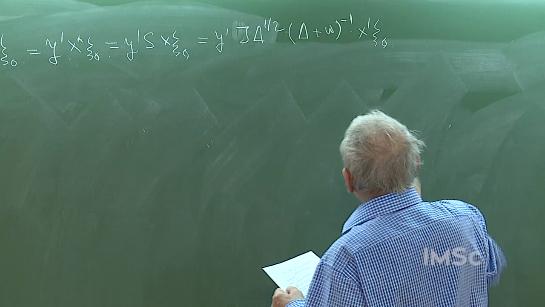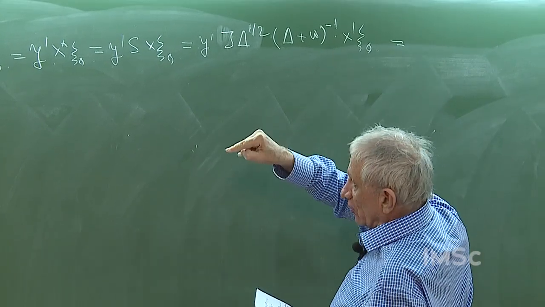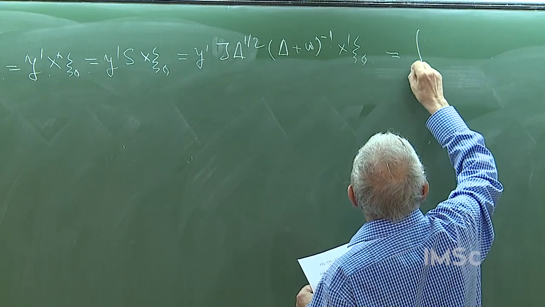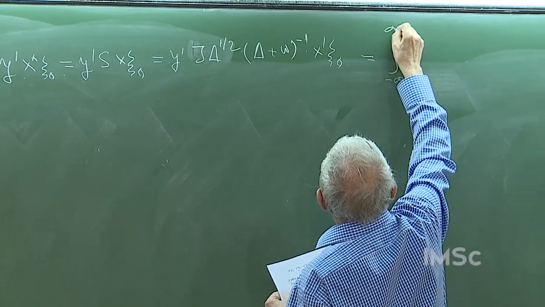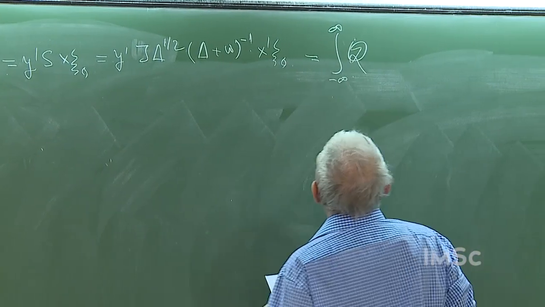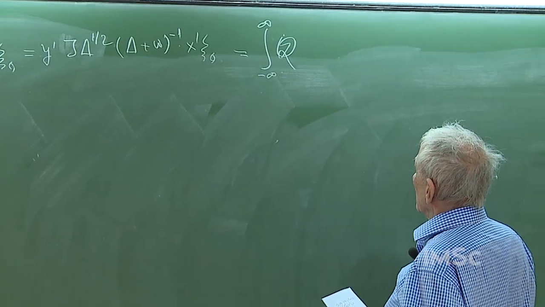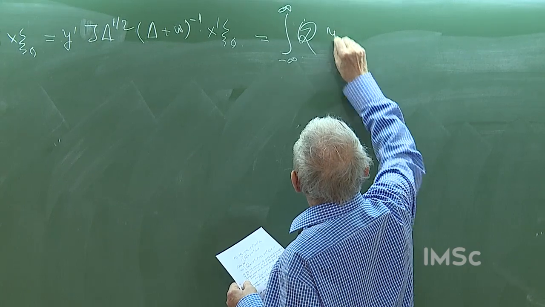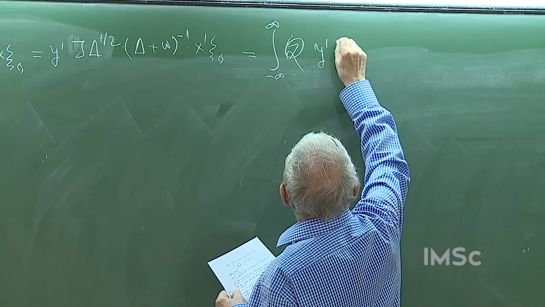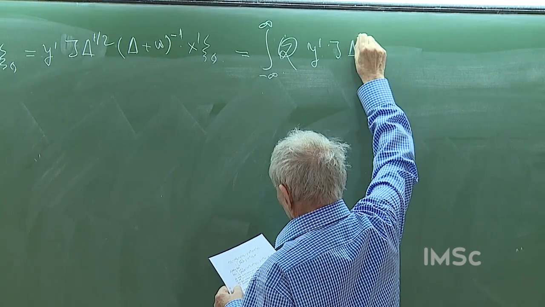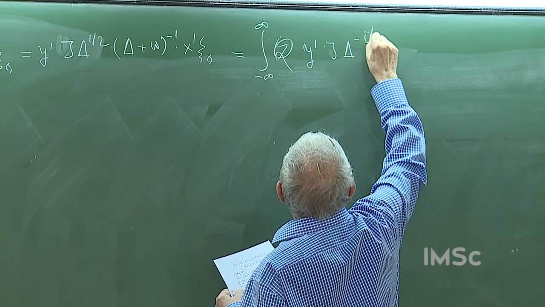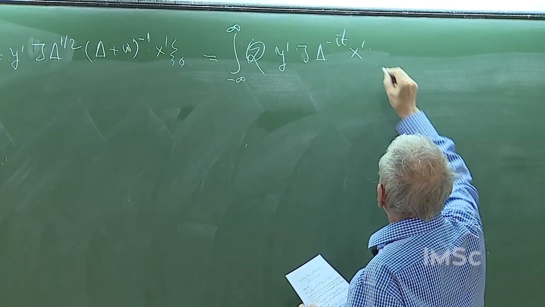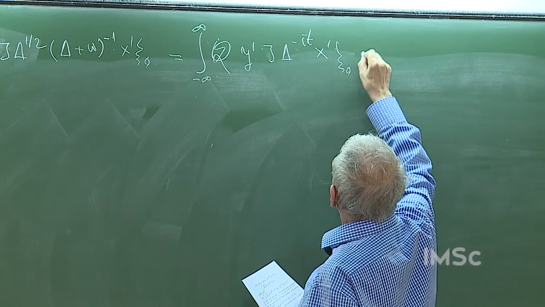And now here I use the corollary, and what I get is again the integral from minus infinity to infinity, the same normalization factor, y prime J delta to power minus it, x prime psi naught dt.